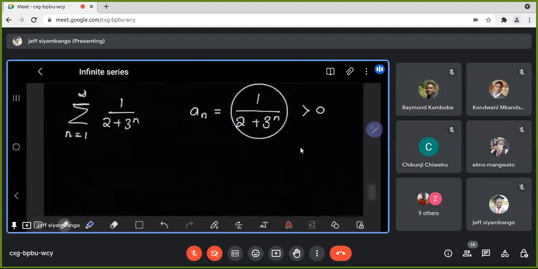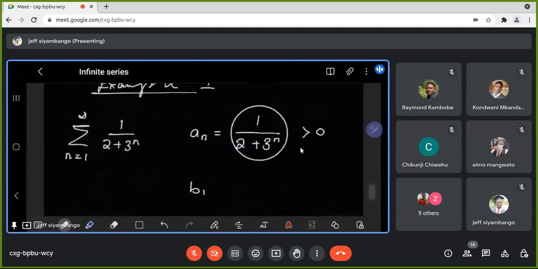Now we want to define a second series, Bn, but we want this Bn to be just a little bit more than An. And we want it to be as close to this format as possible. And it has to be something whose convergence or divergence can easily be discussed. How do we do that? Well, I noticed one thing.